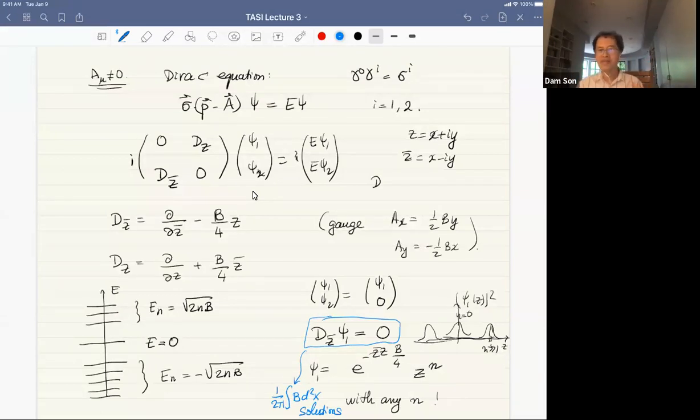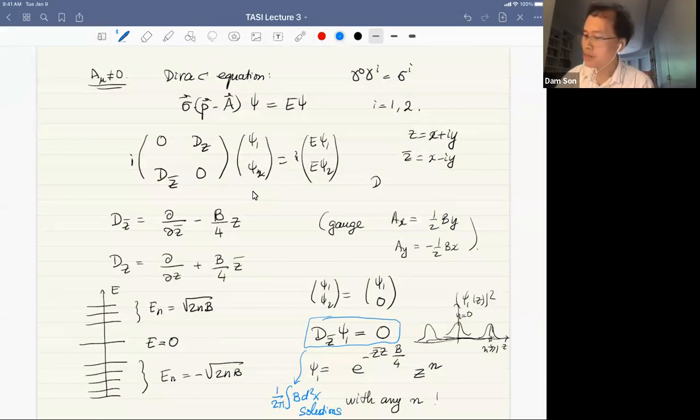I think there is a theorem, the index theorem, telling us that if I have a fixed compact manifold on which there is a magnetic field going through, the number of zero modes of this equation is the number of flux quanta going through it.